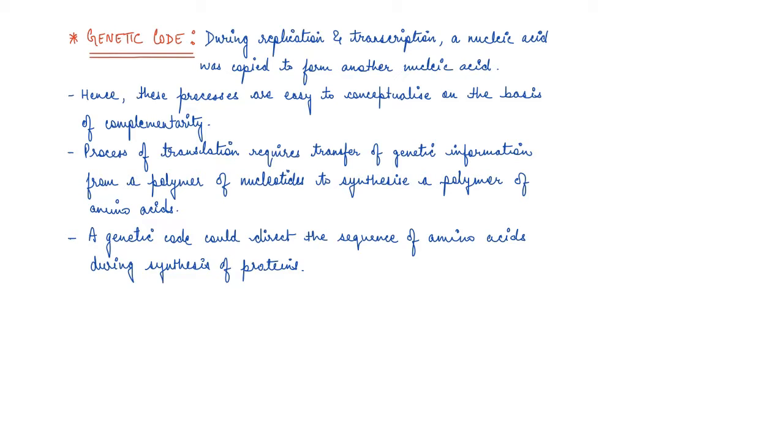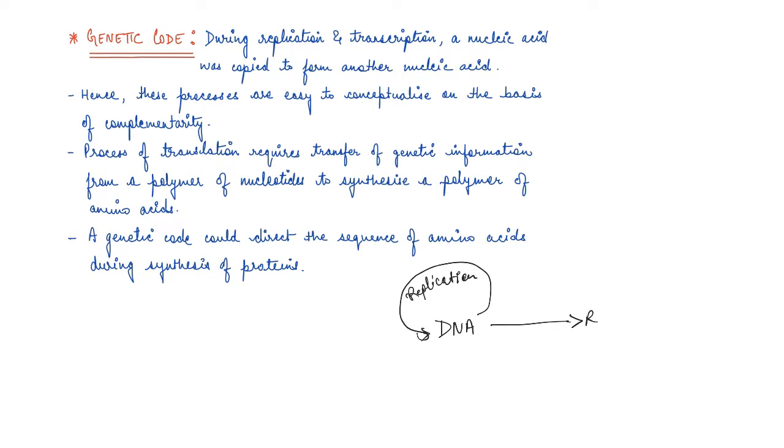So guys, let's start with the genetic code. So basically, during replication and transcription, what we saw is that one nucleic acid was copied to form another nucleic acid, right? And I will again draw the same central dogma where you have DNA. It replicates itself, so replication is happening.